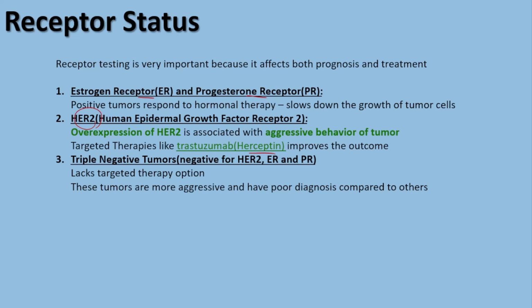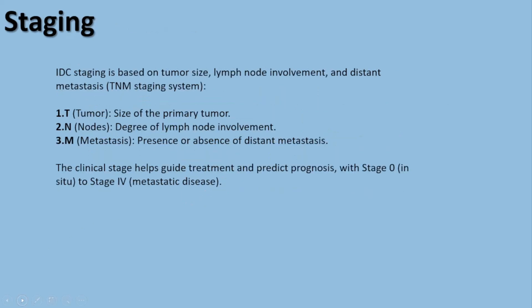The bad news is when we have a triple negative tumor, which is negative for HER2 receptor, estrogen receptor, and progesterone receptor, and lack of these 3 receptors actually causes a little bit less favorable prognosis and more aggressive behavior of the tumor.